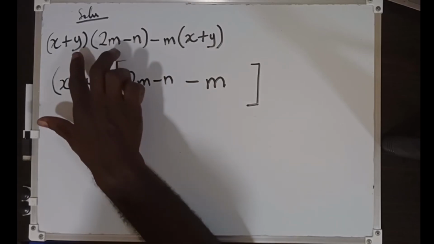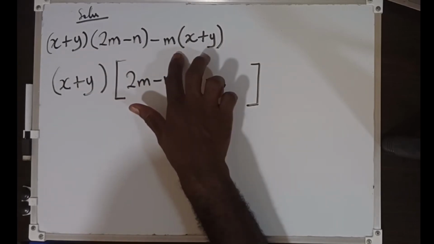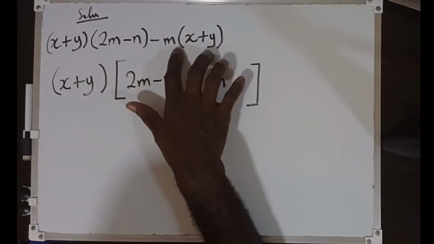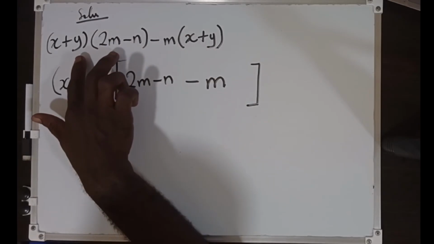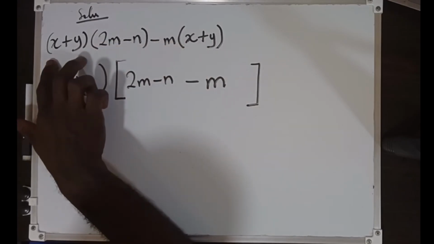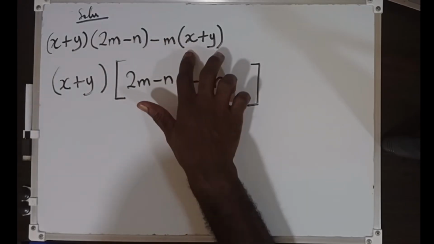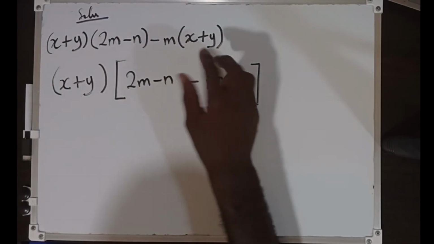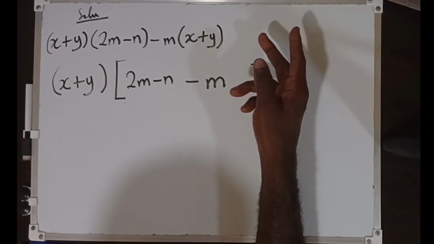Remember, we have two terms. We are supposed to what? Factorize. So we have two terms. We look at what is common to each of the terms. There is (x + y) here. There is (x + y) here. So we are calling (x + y) a factor.